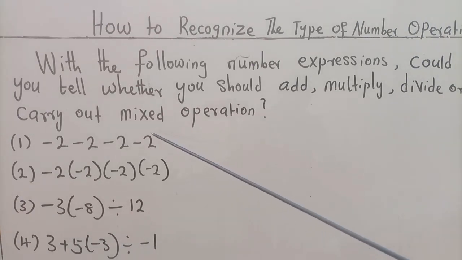Again, can you tell what all these four expressions require of us? Please pay attention as I explain how to know the type of operation required to be carried out when given such number expressions. These four are just examples. Please be patient.